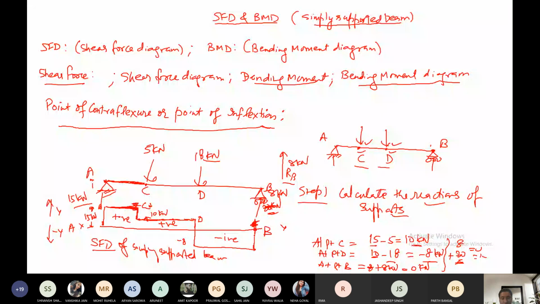At the point B, we have to finish, and there will not be any force beyond this point B. So this will be the complete SFD for this simply supported beam. I will take some more examples in the coming lecture on Wednesday to make it more clear to you. Have you made this diagram in your notes on your register? Yes, sir. Okay, just revise it, and we will carry this forward in the Wednesday lecture.